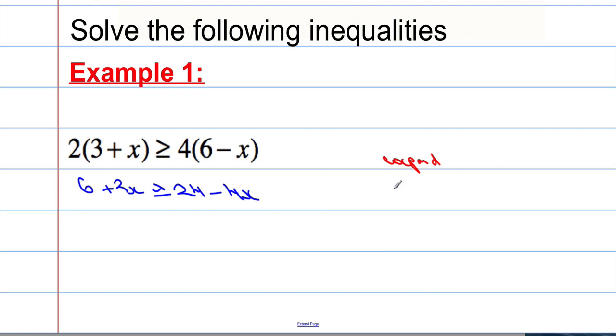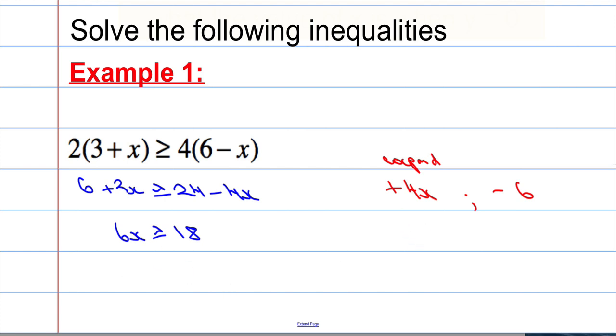Next thing I'm going to do is add 4x to both sides, and in the same move, I'm also going to subtract 6 from both sides. So let's add 4x to this side, and we get 6x. Adding the 4x over here makes this disappear, and subtracting 6 from this side leaves me with 0, and subtracting 6 from this side leaves me with 18. So 6x must be greater than or equal to 18.